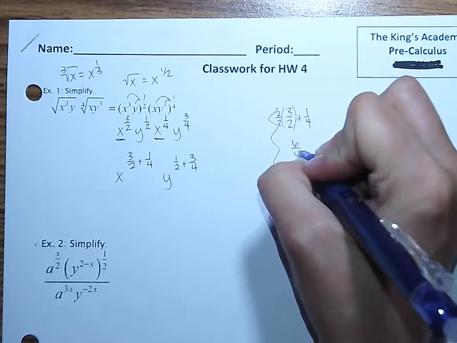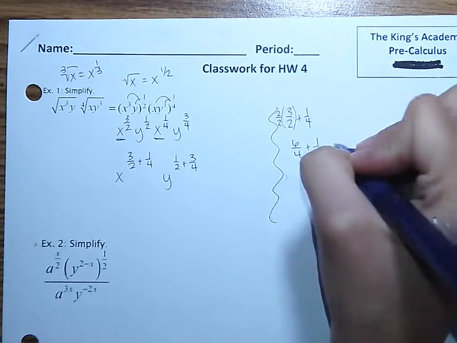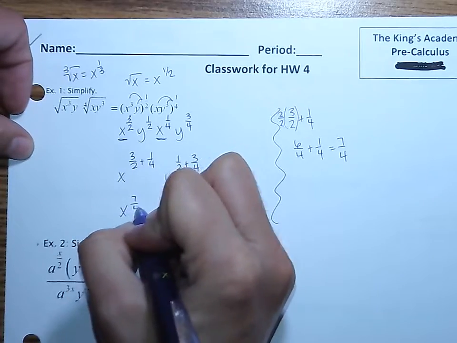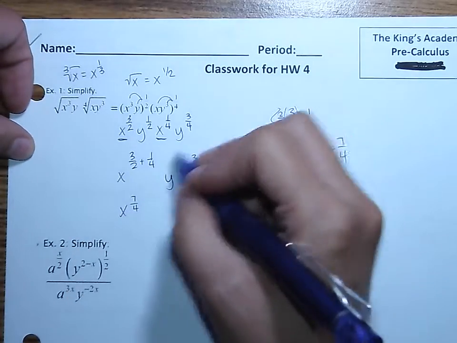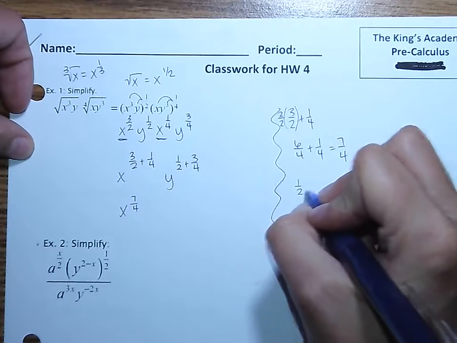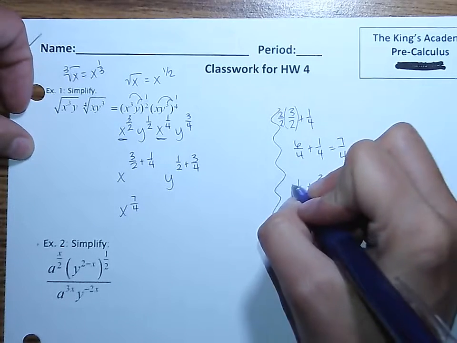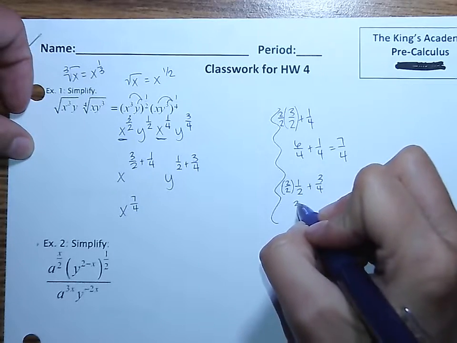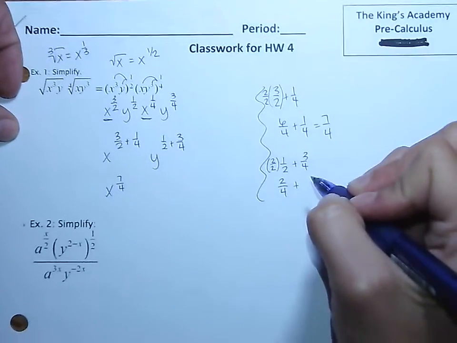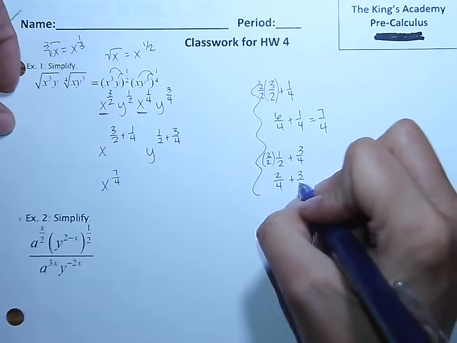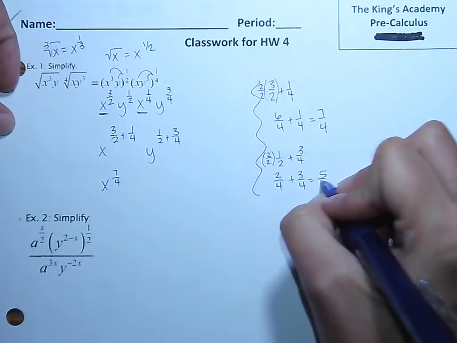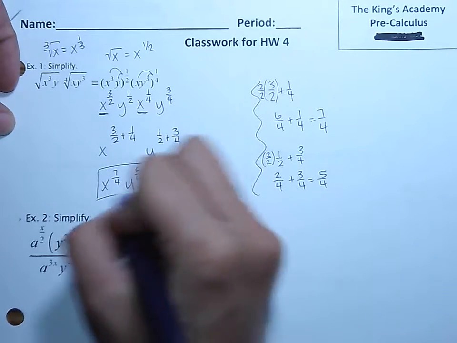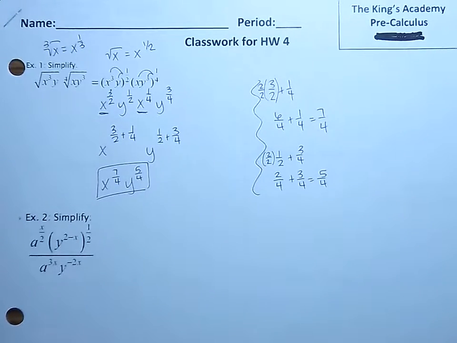We get 6 over 4 plus 1/4. Well, that I can do, 7/4. So x to the 7/4. Same thing with y, except we have 1/2 plus 3/4. Multiply it by 2 over 2, we get 2 over 4 plus 3 over 4, that is 5/4. y to the 5/4, that is my answer.